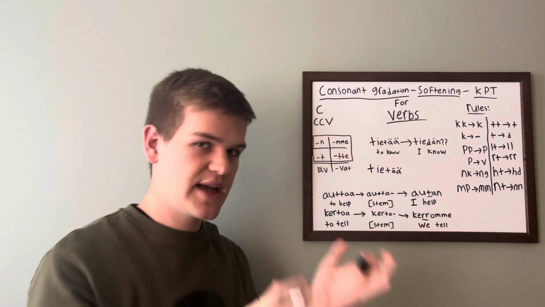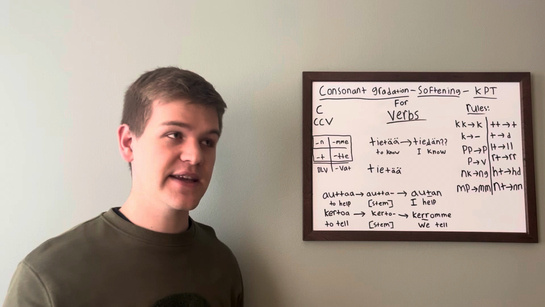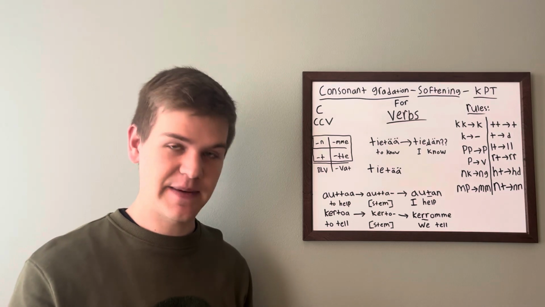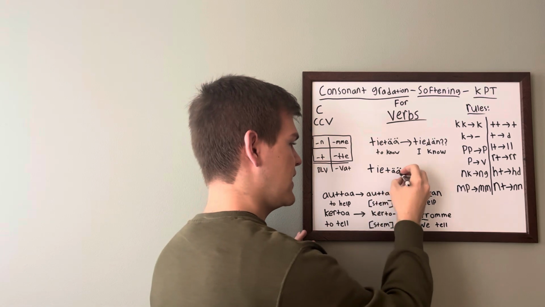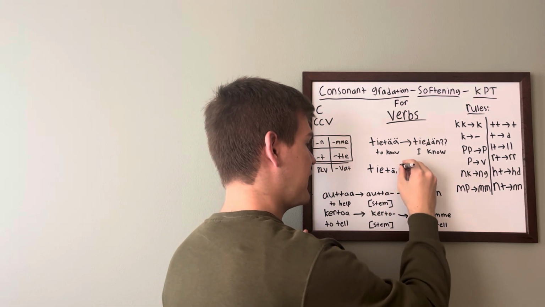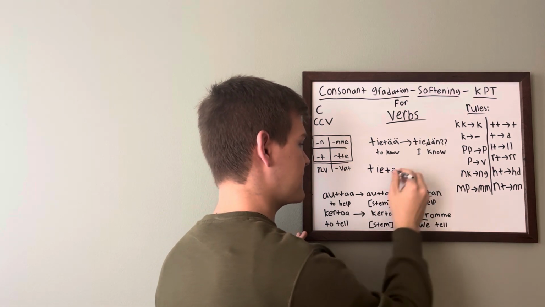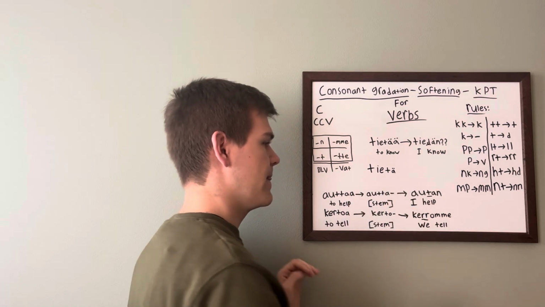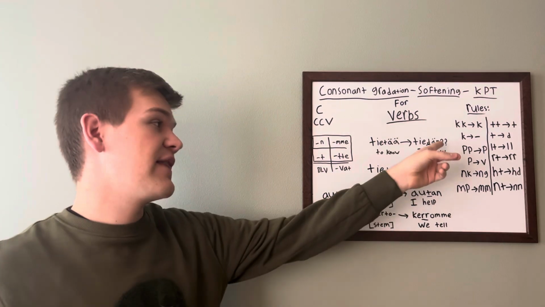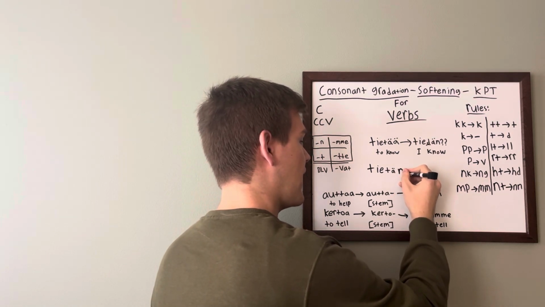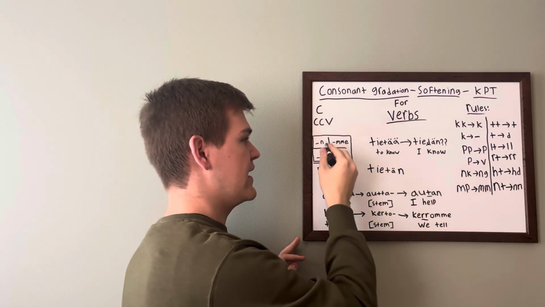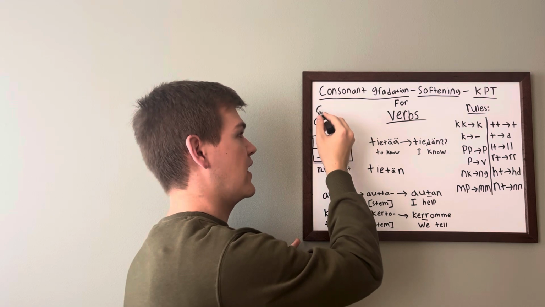The first step always, when we want to add an ending, is to find the stem, which we talked about in the video about verb conjugation. The stem of this word is just that we take off this A. So now we have tietä. Now if we wanted to add this N, we can add it, and then we see that N is in the box. It is a single consonant.